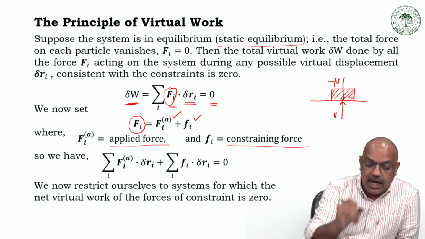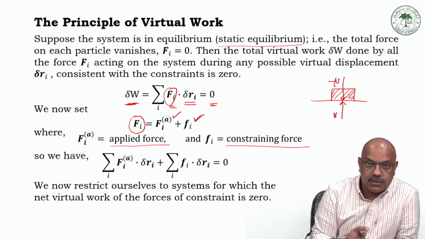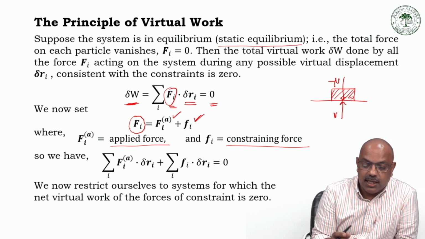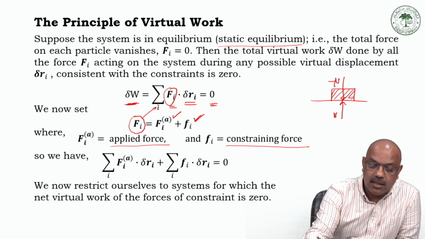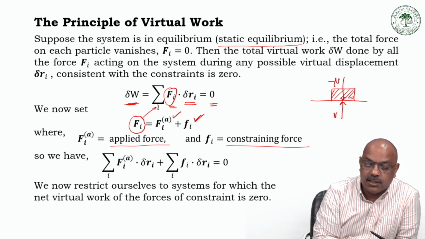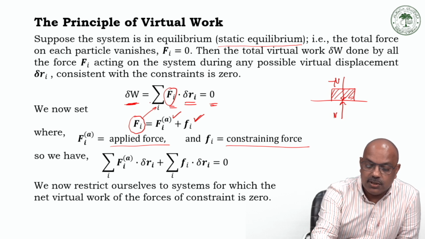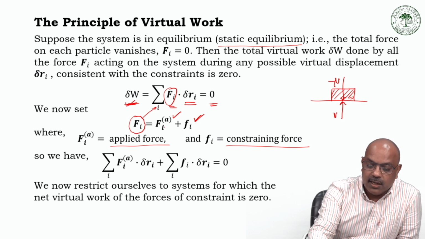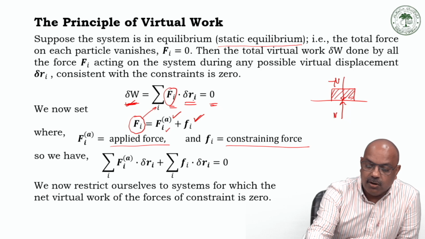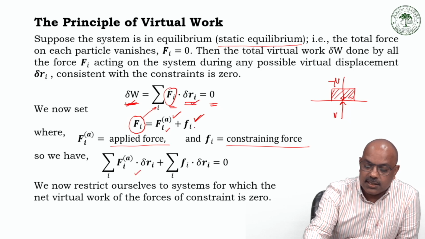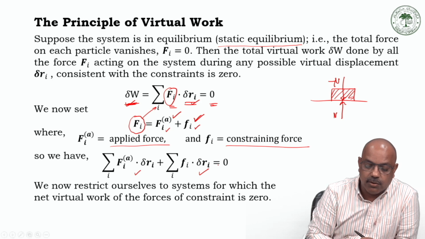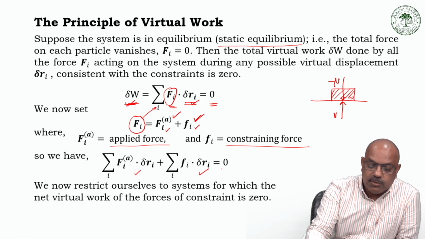So applied force plus the constraint force is going to be on the system, and then the virtual work done is always going to be zero in a static equilibrium. So if I put this into this equation, I have Fi dot delta Ri, and this Fi dot delta Ri is going to be zero. So now this is my expression.